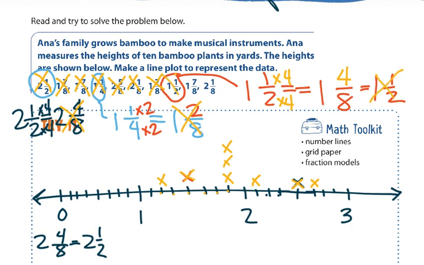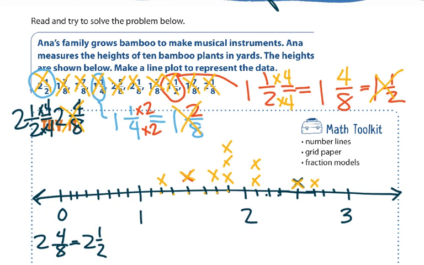Cross it off. Cross it off. 1 7/8 here. 2 1/8 there. Okay, I plotted the whole thing. That was so fun. That was hard. Now it wants me to, I think all it wanted me to do was plot. That's it.